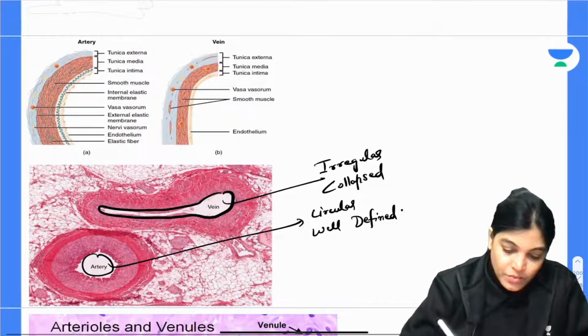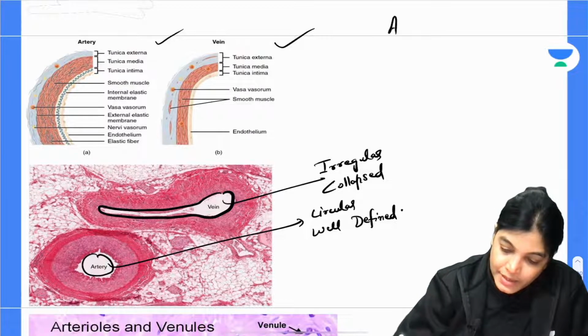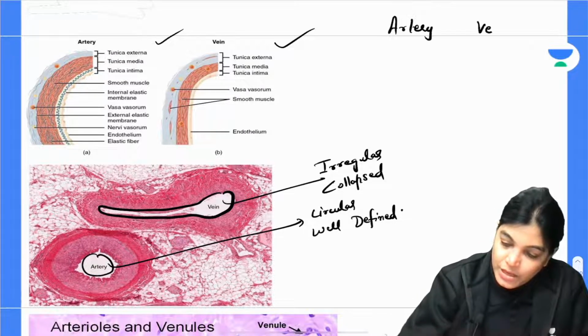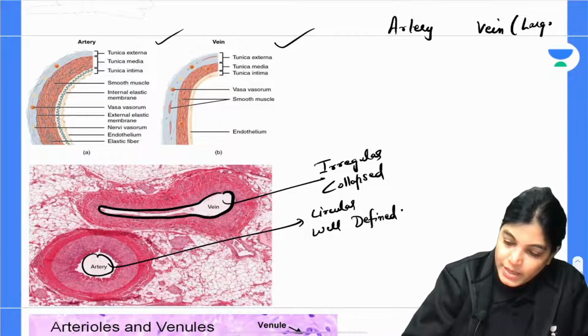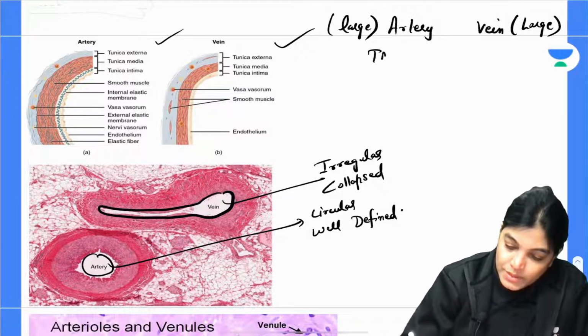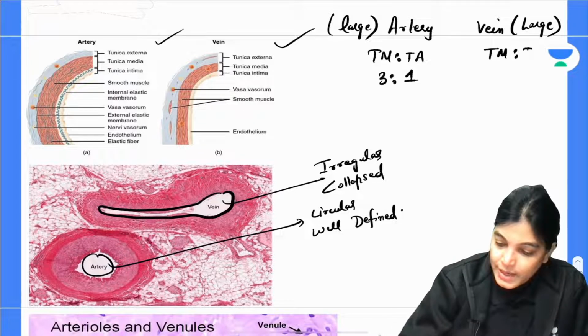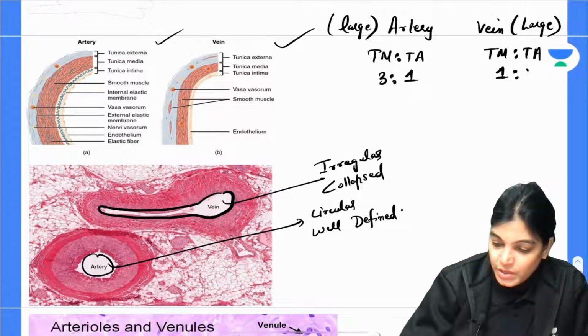Now in case of arteries and veins, the same layers are there. If we take the example of a large vein and a large artery, the ratio of tunica media to tunica adventitia is 1:3 in the vein, and 3:1 in the artery.